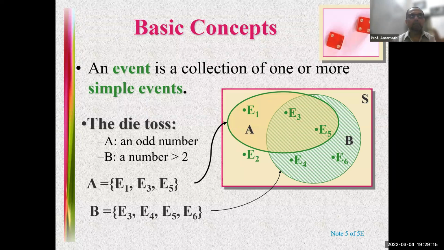Think of the colors of cars. Here also, it is not about distinguishing odd and even. A is only an odd number; that's where one boundary condition comes. E3, E4, E5, E6 is a number greater than 2, and that forms a separate space. The commonality is E3 and E5. That's how you have to conceptually understand it.